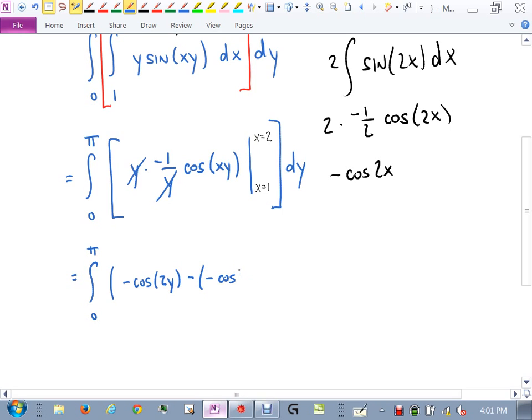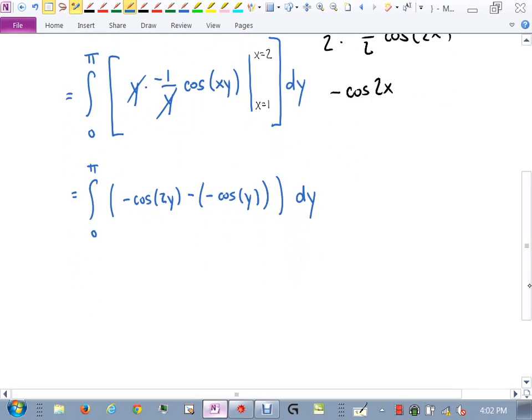Y, and that's dy. So I'm using the fundamental theorem of calculus, basically plugging in the values and subtracting the values. Can you integrate that with respect to y? I'll clean it up just a little bit. How about writing it this way? Cosine y minus cosine 2y dy.